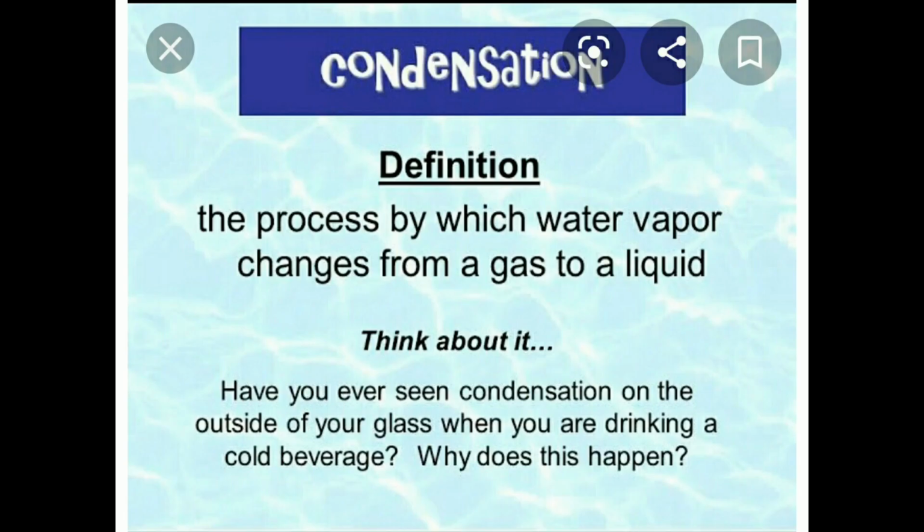Condensation is the process by which water vapor changes from gas to liquid, and droplets of water are formed. Understand, children? Evaporation is changing of liquid to gas, and condensation is changing of gas to liquid.